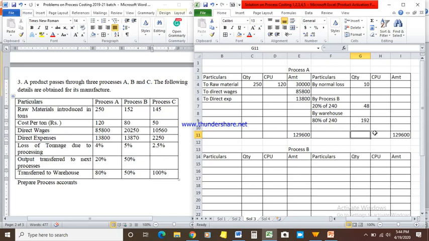I'll just show you as working. 129,600 divided by 240, it comes to 540. So this 540 is the cost per ton. Okay, so I'll write now. So 540.